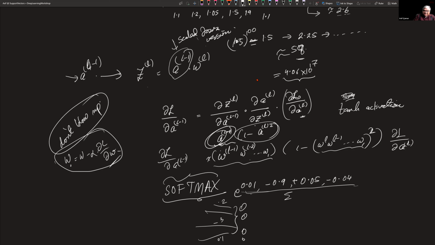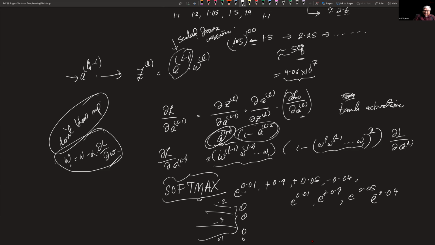Then just take this example. You exponentiate these numbers, e to the 0.01, e to the minus 0.9, and let's say this one positive, just for fun. E to the 0.05, e to the negative 0.04, something like this.